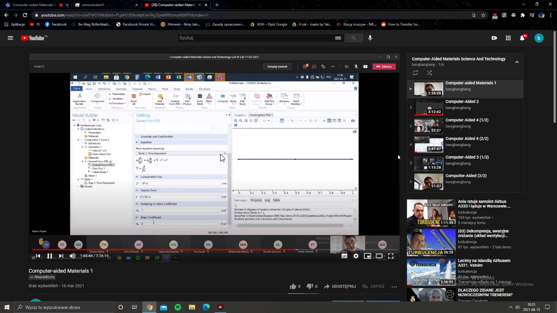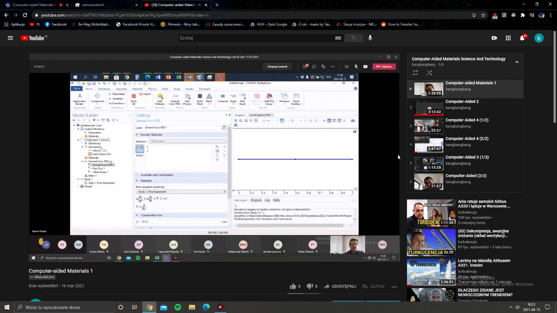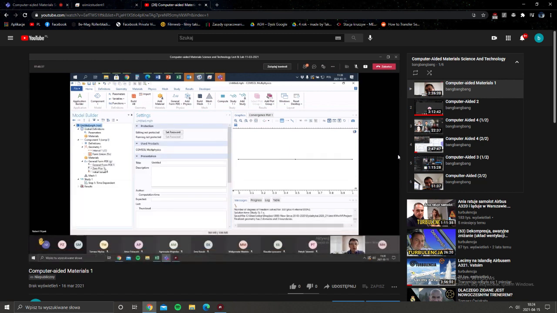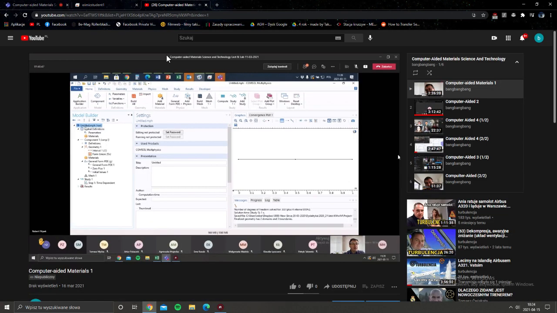multiplied by operator associated equations to our problem, diffusion reaction problem. See our problem, diffusion reaction problem. As you can see, this problem is called untitled, yes.